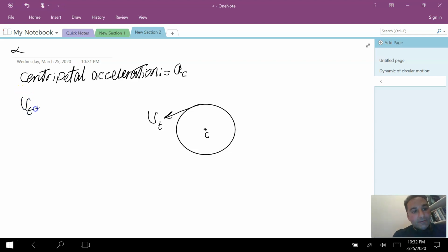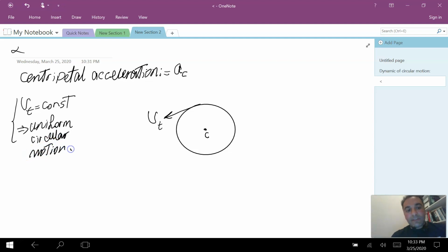This kind of motion is called uniform circular motion.